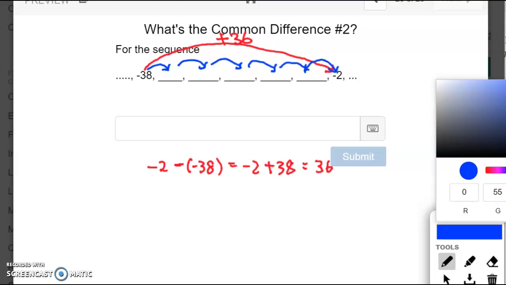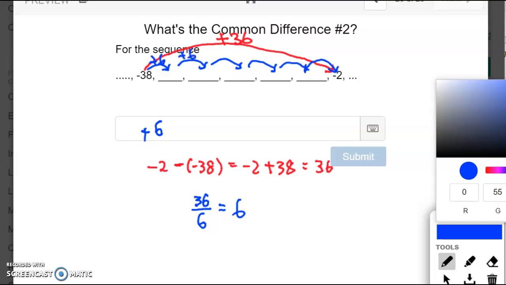We are adding 6 times, so the common difference is going to be 36 divided by 6, and that's going to be 6. And as you should have noticed, we are missing 5 numbers, and so 5 plus 1 is 6. You could have figured that out. So the common difference is positive 6. So you're adding 6 each time.